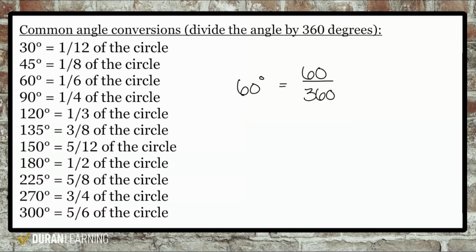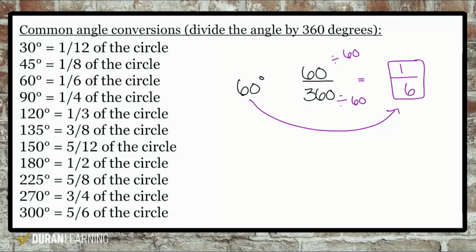And so once you do that, we can calculate and say, hey, look, 60 and 360 are both divisible by 60. I'm going to simplify. 60 divided by 60, that's 1. 360 divided by 60, that is 6. And so 60 degrees is 1/6, or divide by 6.